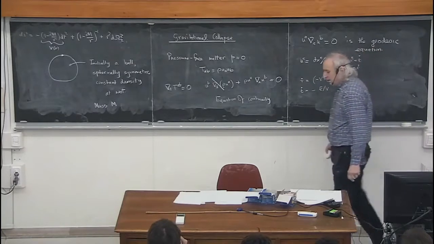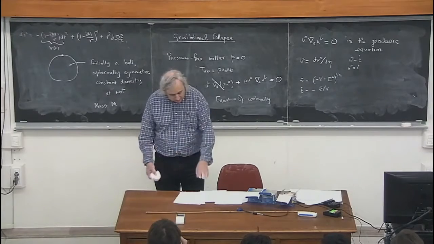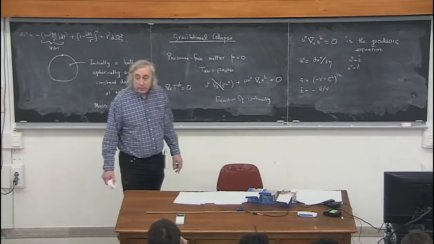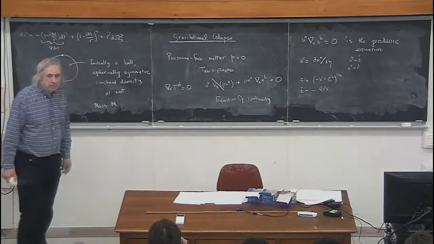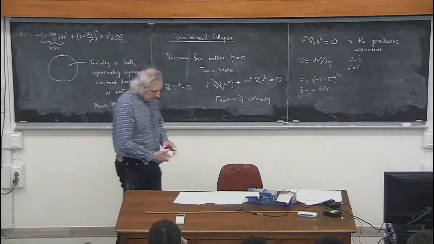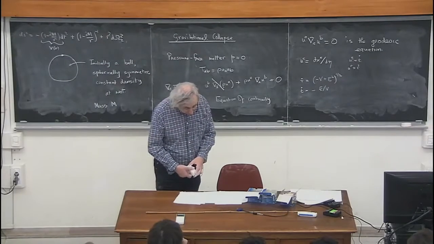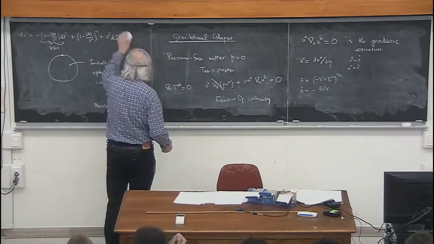If you have done any analysis of the motion of a particle in the Schwarzschild metric, this will seem familiar to you. You can integrate these things up. It's horrible.